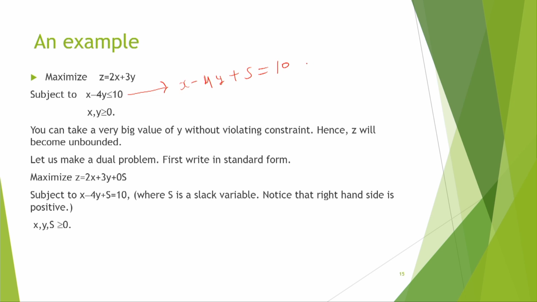I write z is equal to 2x plus 3y plus 0s, subject to x minus 4y plus s is equal to 10, where s is a slack variable.